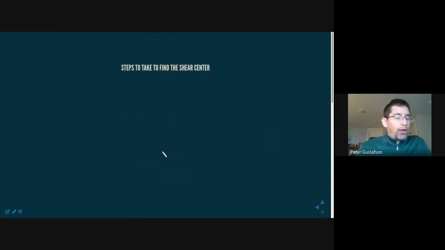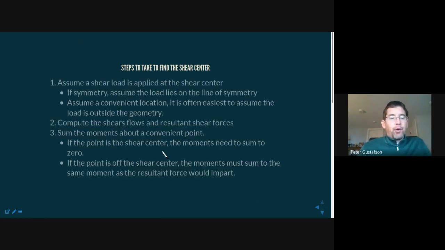Okay, so without hearing any more questions, here is my succinct one-slide summary of steps that you should take to find the shear center when you're given this as a homework problem or an exam problem. So of course, the first thing, keep in mind, shear center by definition is a function of geometry and not load.